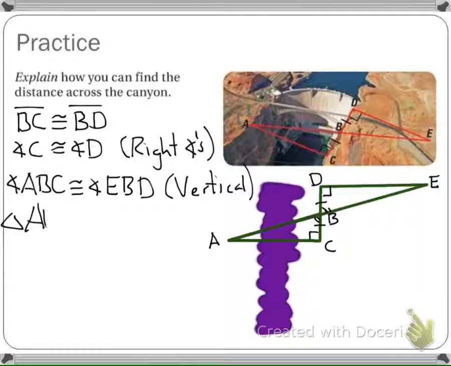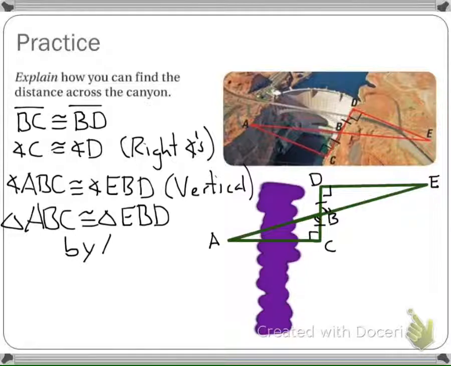I can say that ABC is congruent to triangle EBD by one of our congruences. I have angle, side, angle. And that's what I get from this part right here. I get enough of that information from that little part. I don't know anything that's going on out at A and E, but I have enough at those parts to help me out.